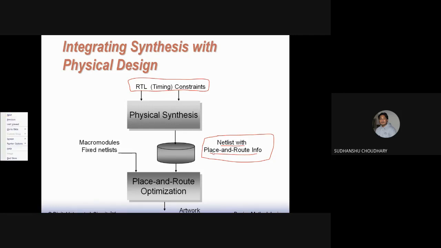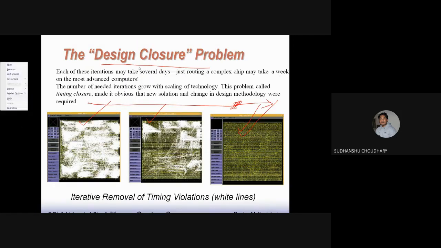Now, this first order place and route information based netlist can be fed to some optimization tool, which will finalize the place and route information, that is, which will generate a layout with final place and route information. Then the design closure problem can be reduced to some extent.